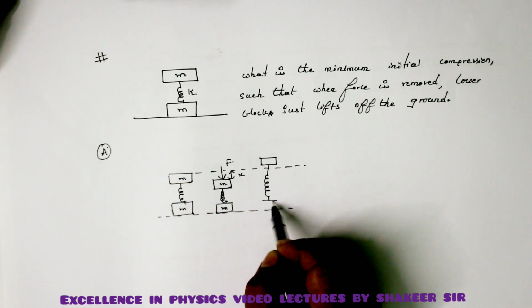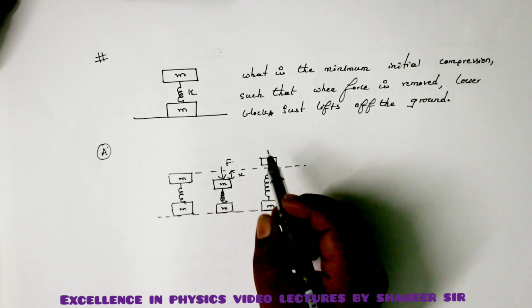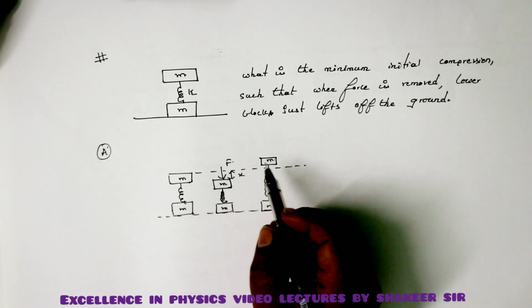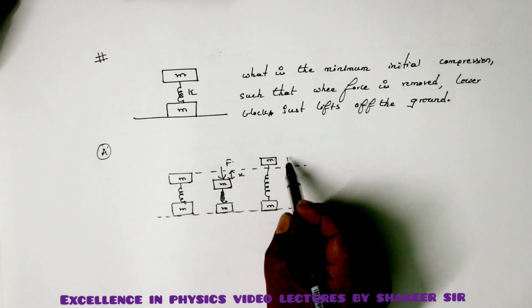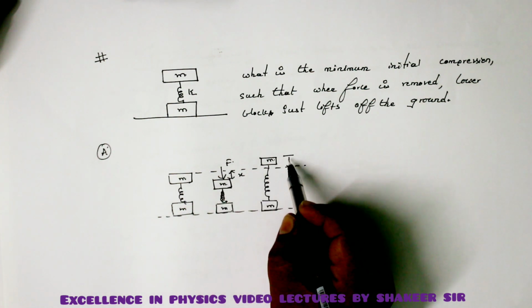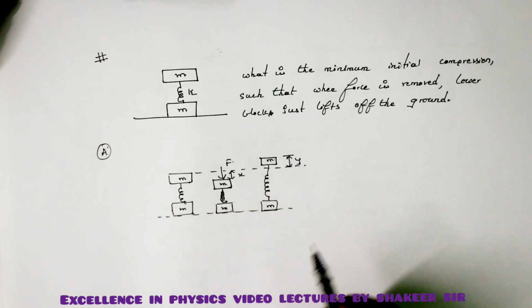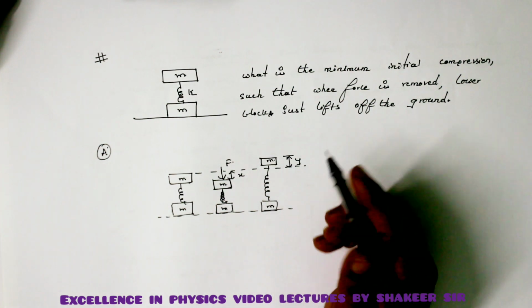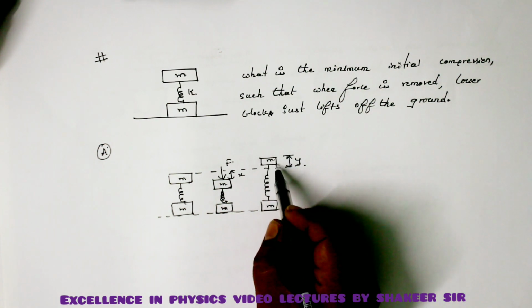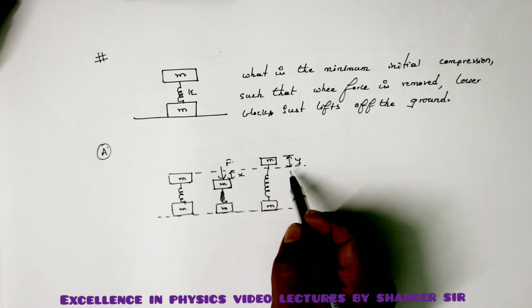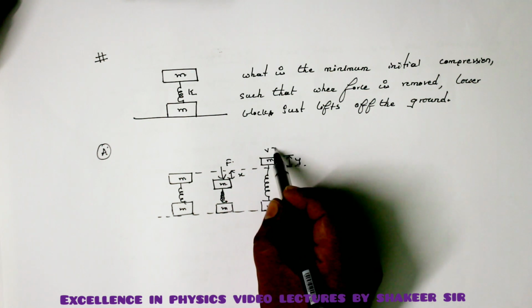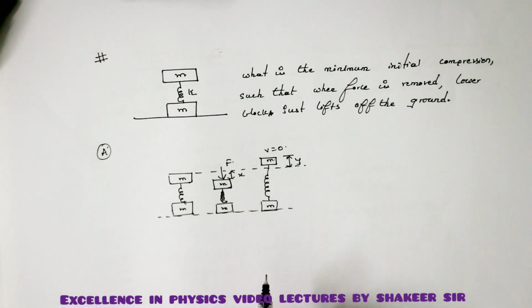This is the next condition. This is m. From the mean position, it has gone a distance of y now. So these are the conditions. After traveling a distance of y from the mean position, its final velocity has become 0.